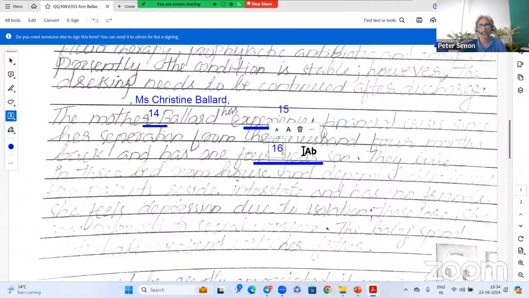You have to write a 4-year-old son like this. 4-year-old child or 4-year-old son, you can say son also. Now, what is the problem? They live in a 3-bedroom house.